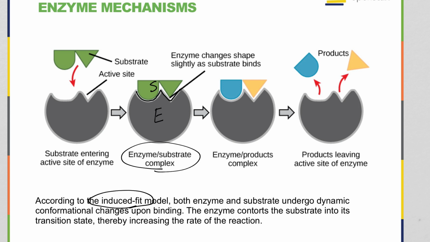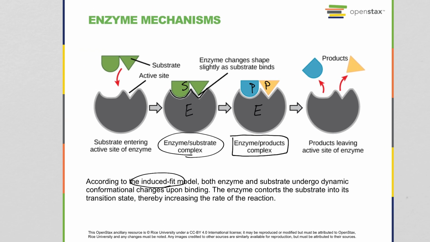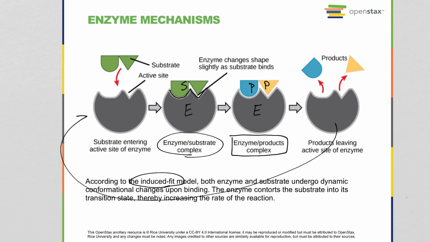So temporarily, you get this state where you have the enzyme and product. So the conversion happens. It's just that the enzyme hasn't quite let go of our two product molecules yet. Eventually they do. Products are released and are free. And now your enzyme is free to go back and bind another substrate molecule and start the entire process all over again.